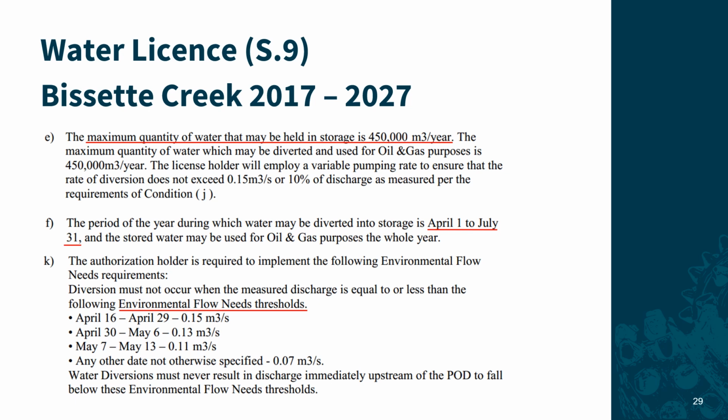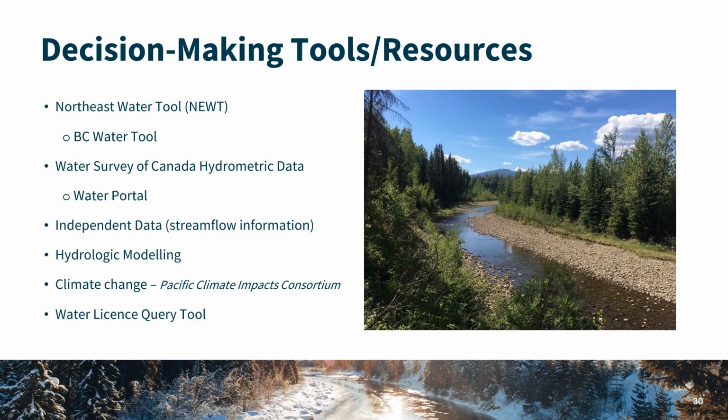So some of the other tools that we can really leverage, and also an applicant can really leverage to make a very useful and potentially more successful application, are resources such as the Northeast Water Tool, and outside of the Northeast, the BC Water Tool. There's several tools across the province.